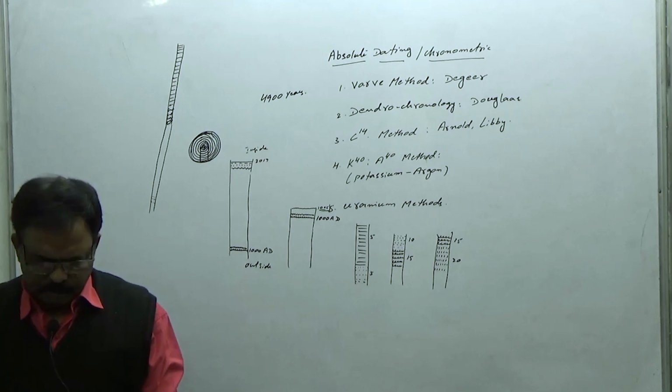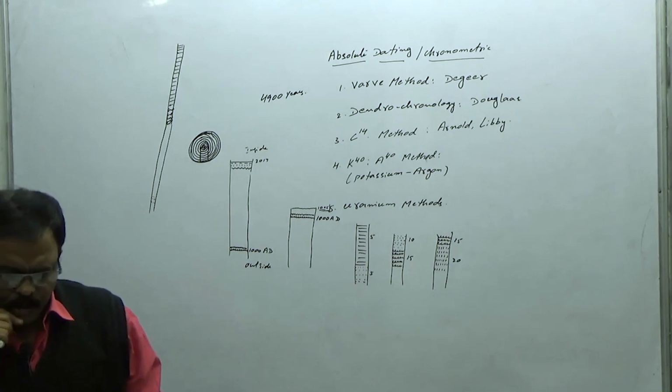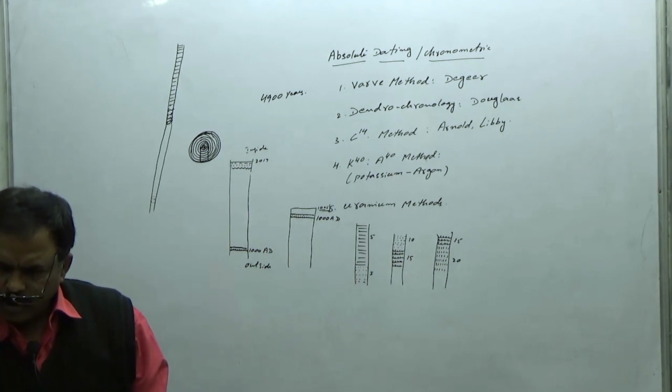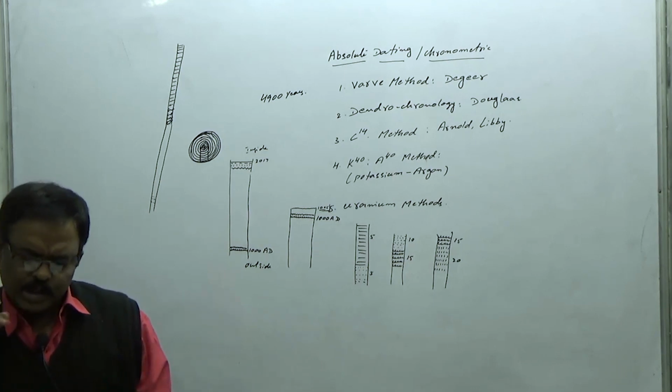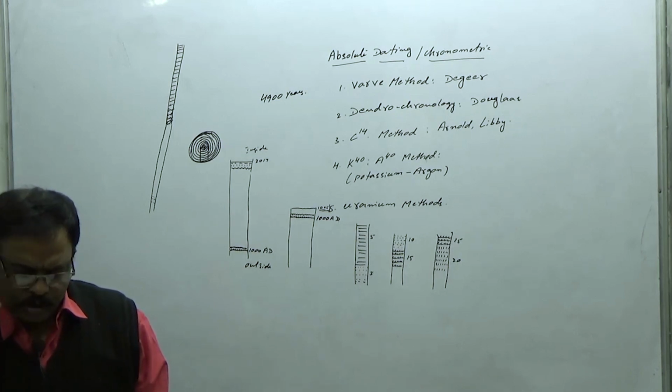Pine trees, not plants, pine trees produce different ring structures for every 4,900 years.